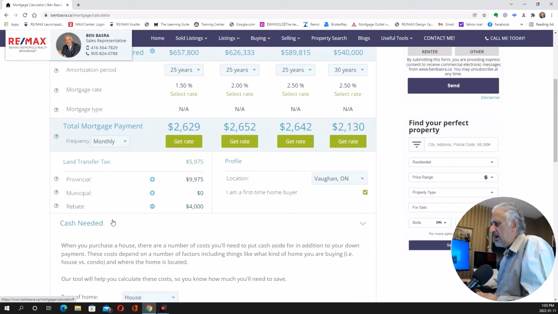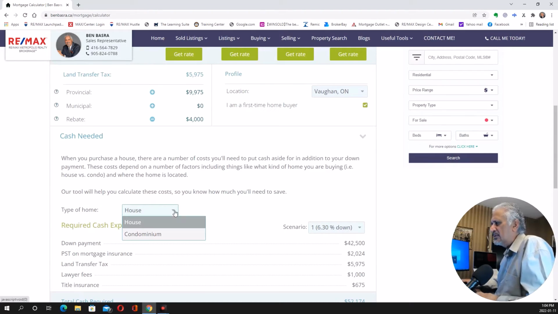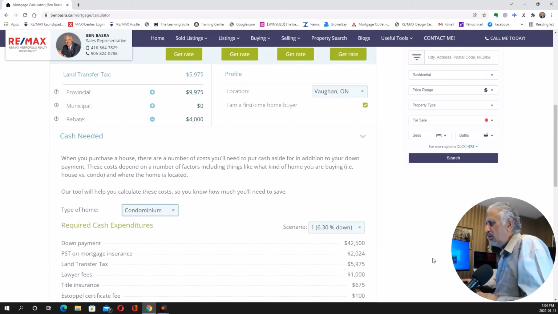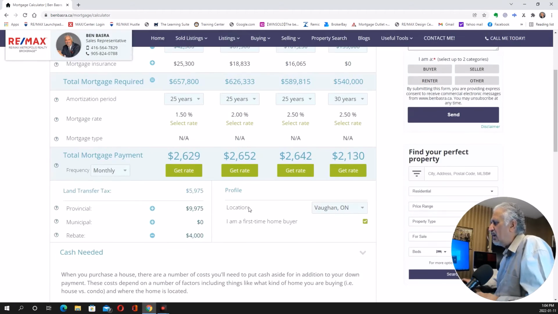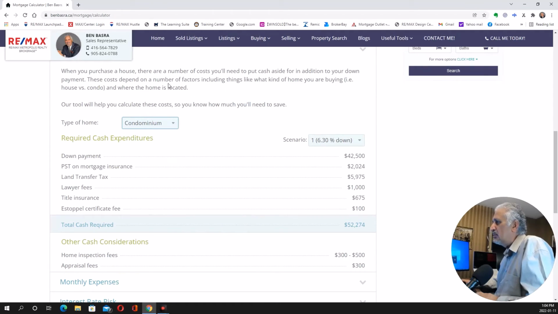And how much cash you basically need if you're buying, let's say, a condominium. Cash required, approximately, in scenario one, you need about $42,000 down payment, and this is the PST on mortgage insurance. On the mortgage insurance you are paying, like $25,000, you have to pay PST on this amount, which is $2,000.